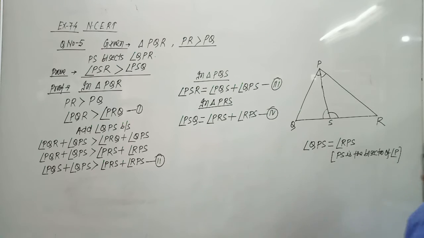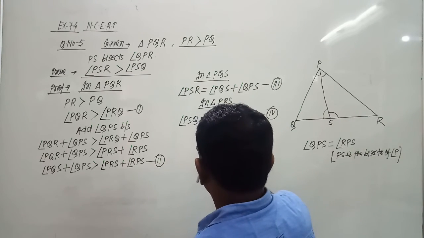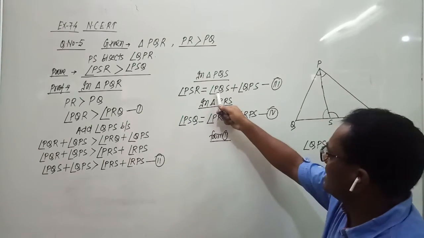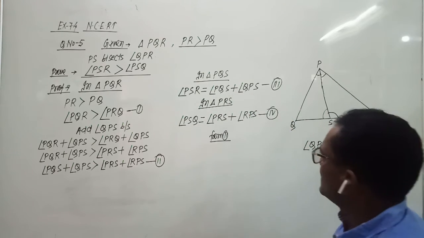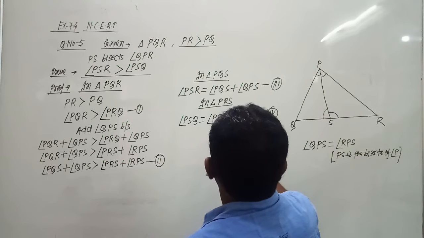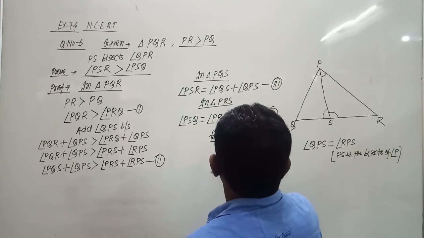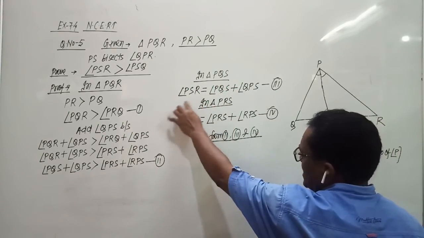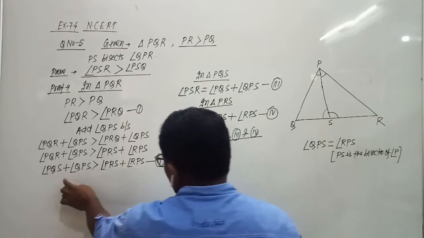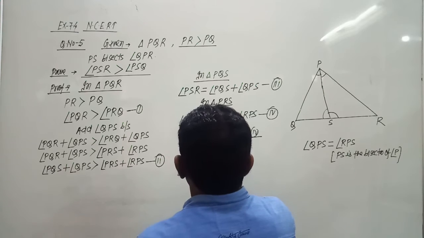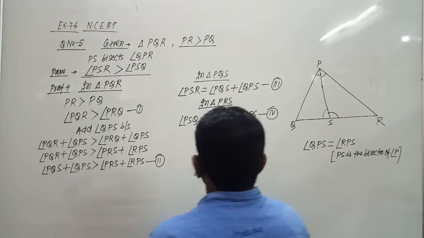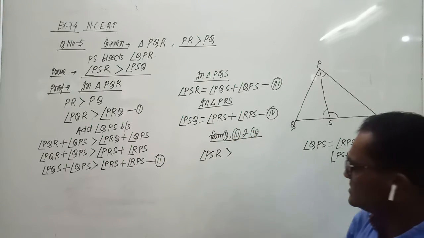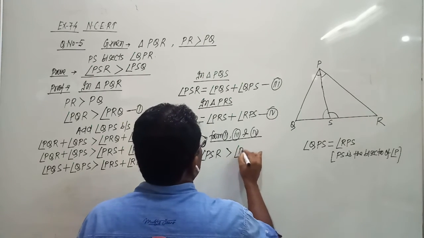Now from the second, third and fourth equations, PQS plus QPS is written as angle PSR, so angle PSR is greater than PRS plus RPS, and PRS plus RPS is written as angle PSQ.